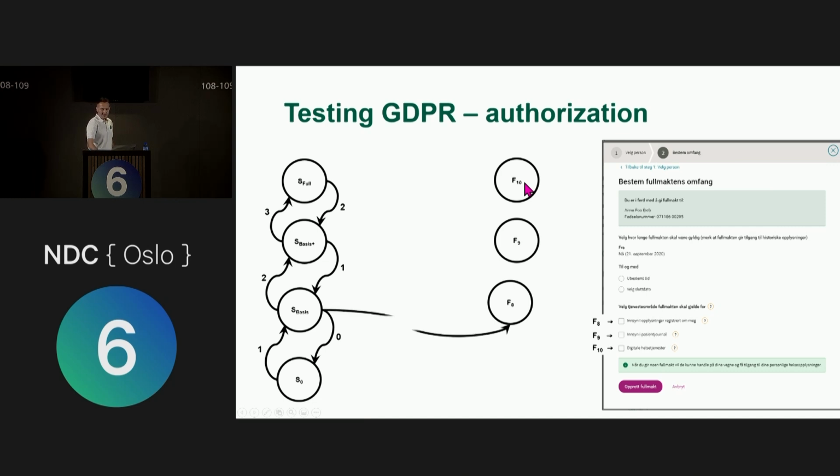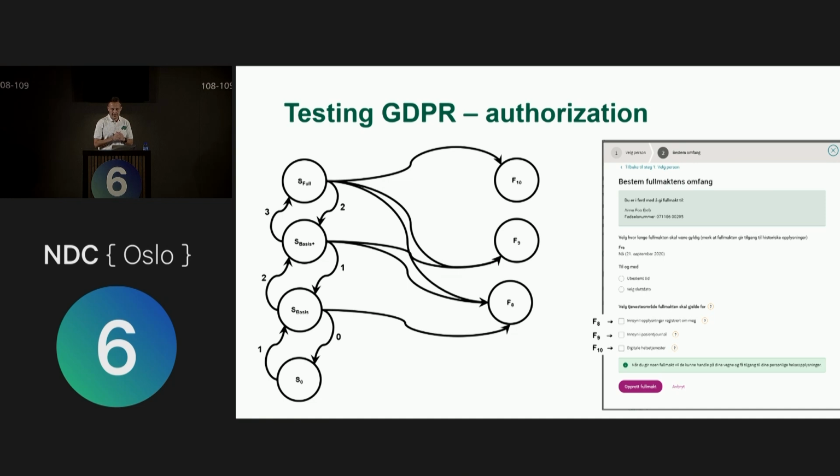A user who has consent level S basis can authorize F8 to another person. A user who has consent level S basis plus can authorize F9 and F8. And users who have S full can authorize all 3.